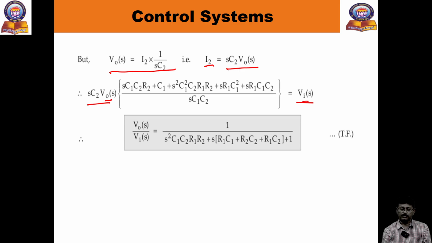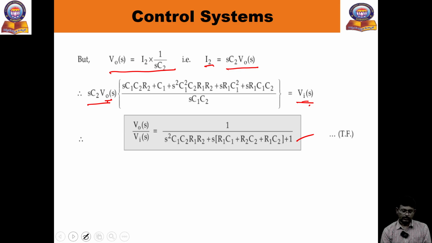That is Laplace transform of output divided by Laplace transform of input. Now we take this side, or it may be taken on the other side. Cancel the common terms, and then you will get the transfer function V0 of S by Vi of S. Right? Clear? We must be in Laplace transform. What is the transfer function? Laplace transform of output over Laplace transform of input.